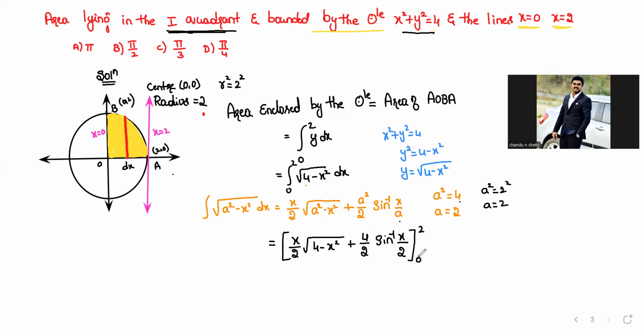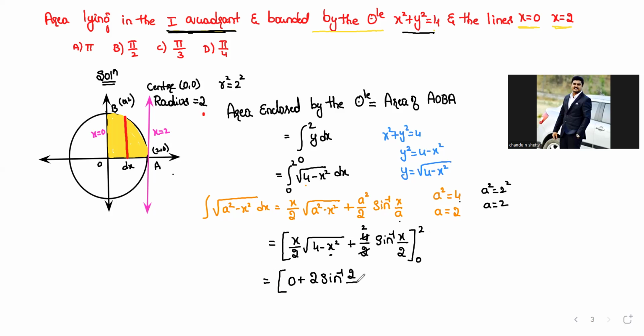Okay, now I'm applying the upper limit, this 2. You apply it to x square, so when you take 2 square we get 4, 4 minus 4 we get 0, 0 into anything is 0 only, plus 2 ones 2 twos, so 2 into sine inverse of 2 by 2.